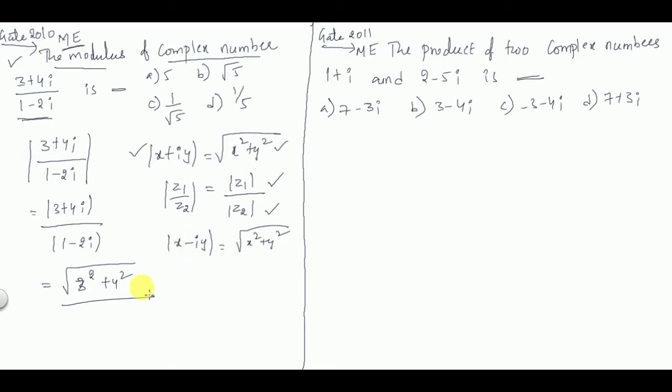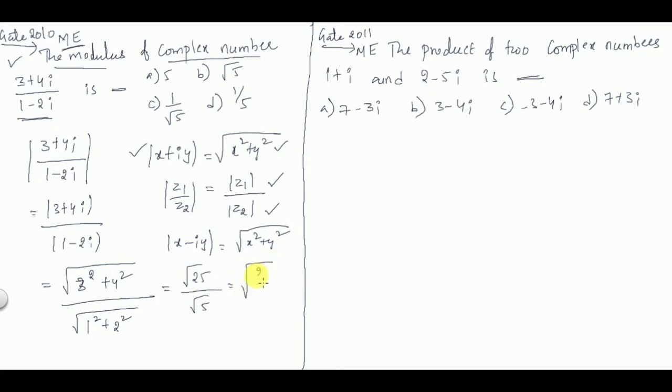So modulus of x minus iy is also root of x square plus y square. So this will be root of 1 square plus 2 square. Right, so this will be root of 25 divided by root 5.